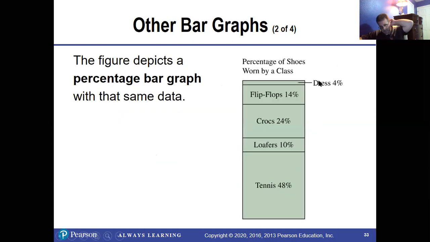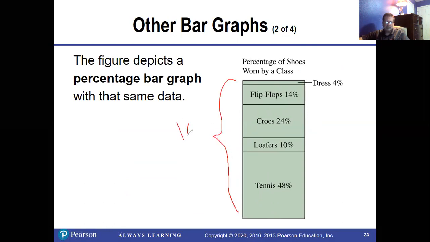All right. So you also have what's known as these bar graphs, percentage bar graphs. So this whole thing equals 100%. If you think about it, we can go through this again. If this whole thing is 100, that means halfway is going to be there. I can't draw a straight line.